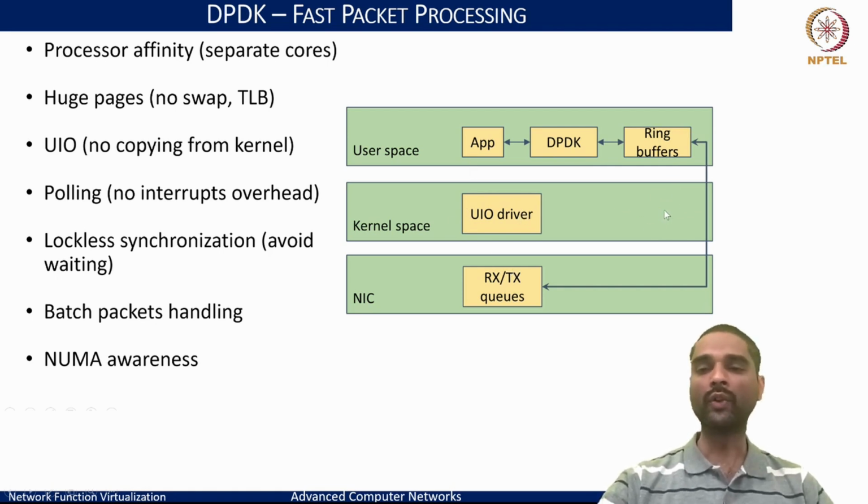Instead, the ring buffers where these packets are put are shifted from the kernel space to the user space. So what that means is there is just one copy of the packets going directly onto the ring buffers.